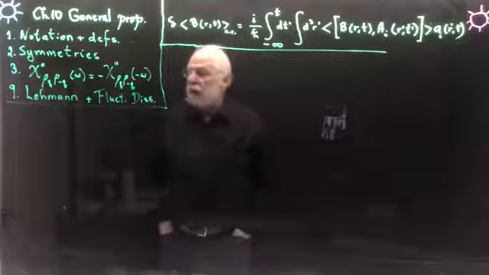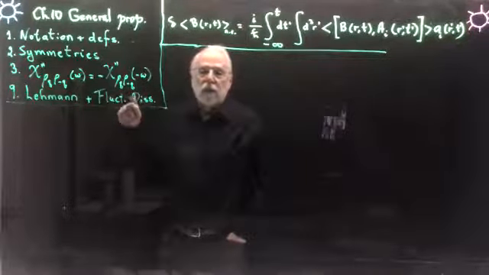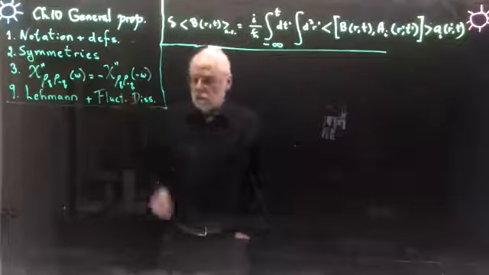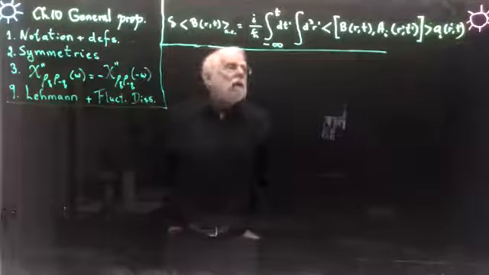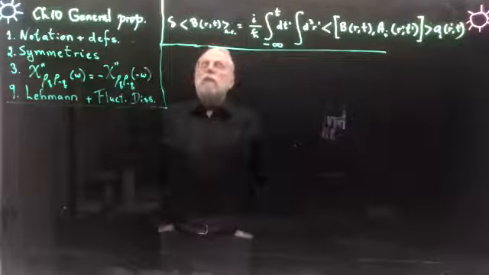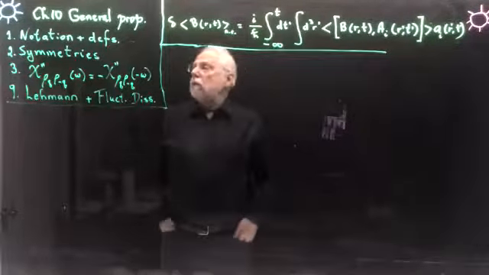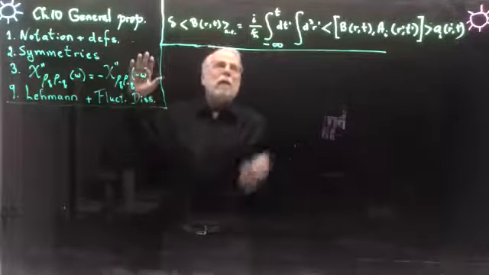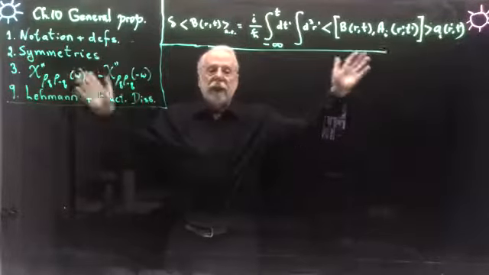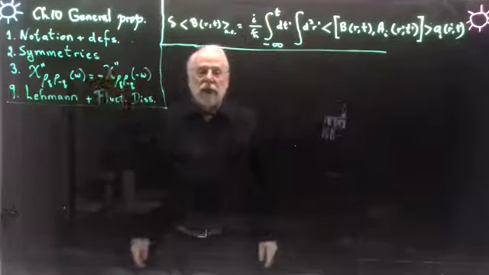And the two are related, as we will see today. So what we will do this week is to work out general properties, exact results that we know for these quantities that we measure.